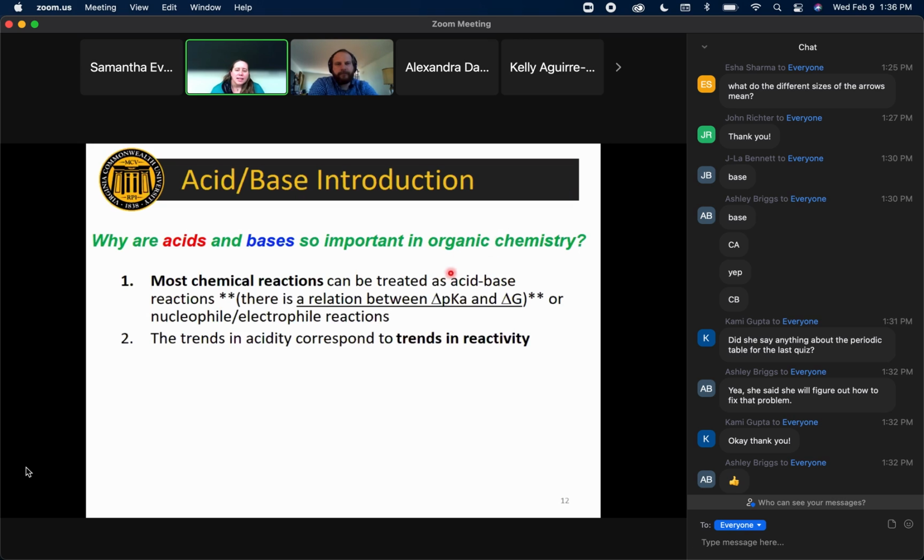But for these Bronsted acids and bases, we can mathematically make a relationship between the difference in pKa and a delta G value for a reaction occurring. So we can make a link between the measure of acidity of a compound and the delta G of a reaction that involves those proton transfers. And that turns out to be really useful.